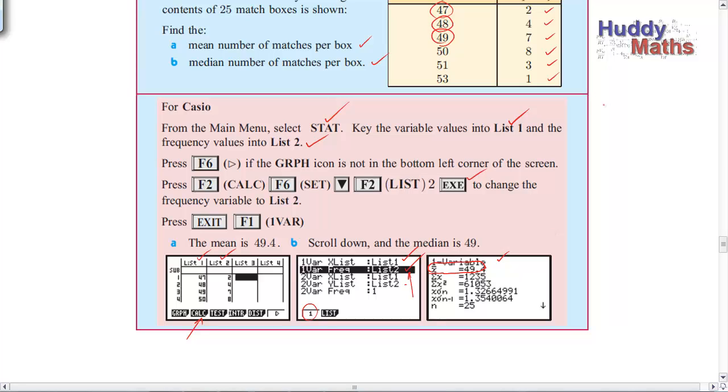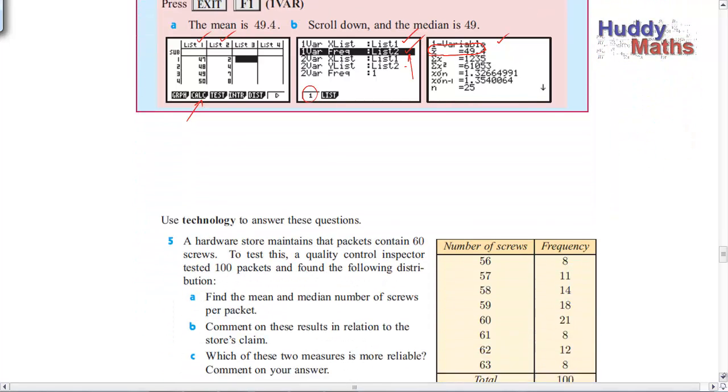So just remember here, with grouped data, list 1 is the scores, and list 2, don't forget to go to Set, list 2 set up as a frequency. So it tells the calculator that these scores are not just occurring once each, they are occurring multiple times, and that list 2 matches with list 1. All right, are you ready? Okay, let's have a look.